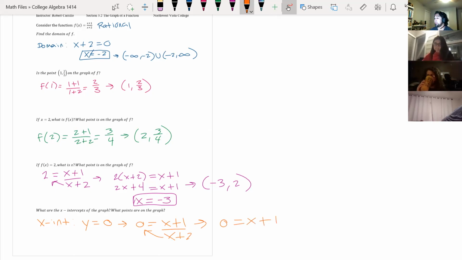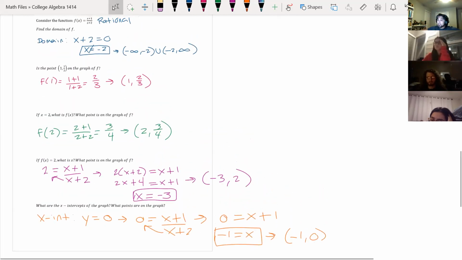Therefore, my x-intercept is what value? -1. And the point would be (-1, 0). And that finishes 3.2.